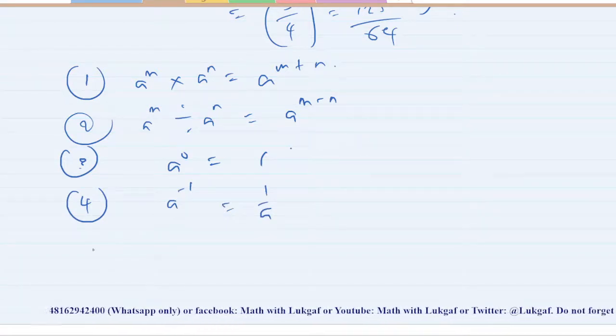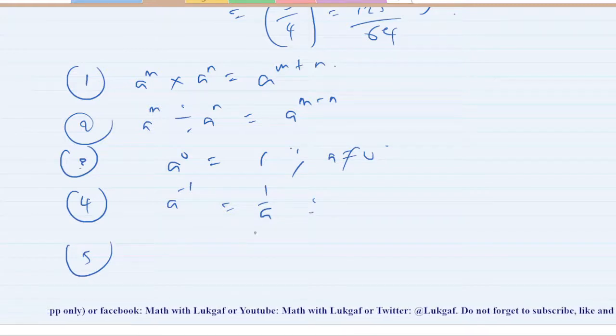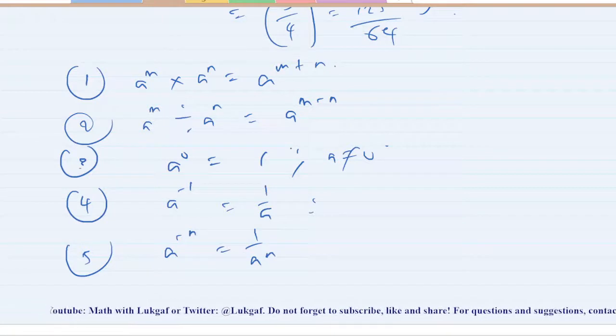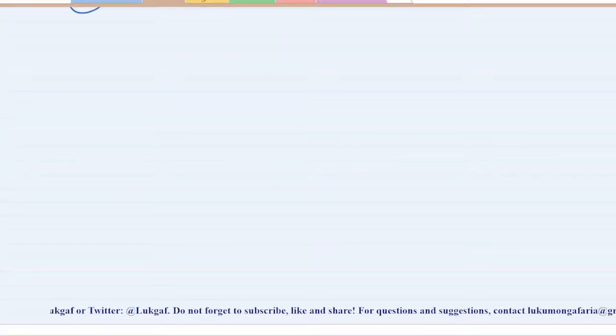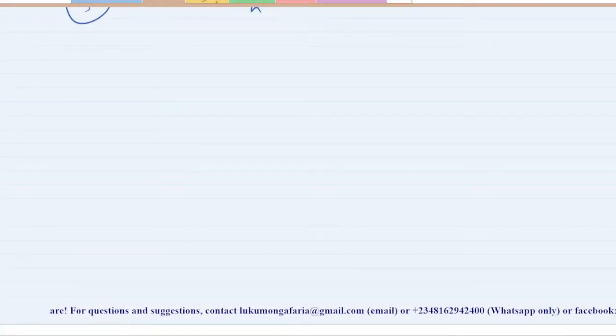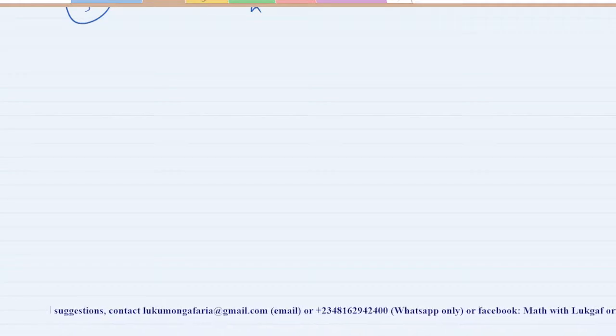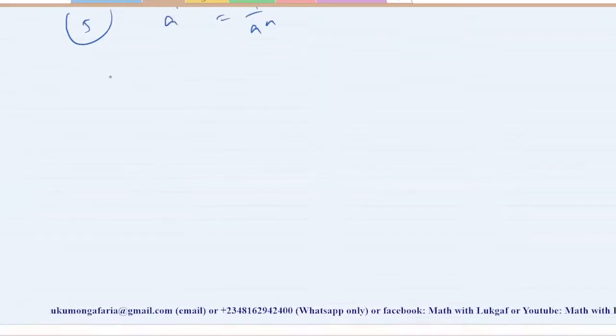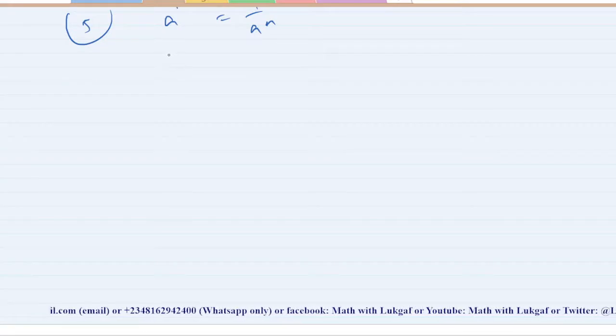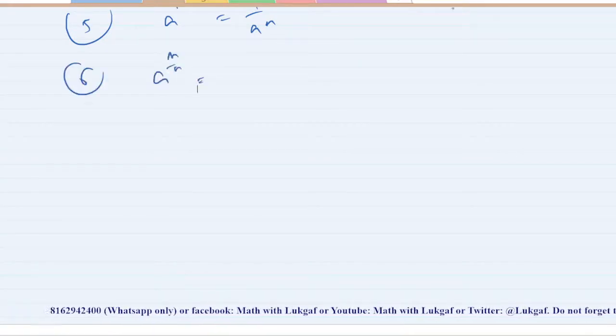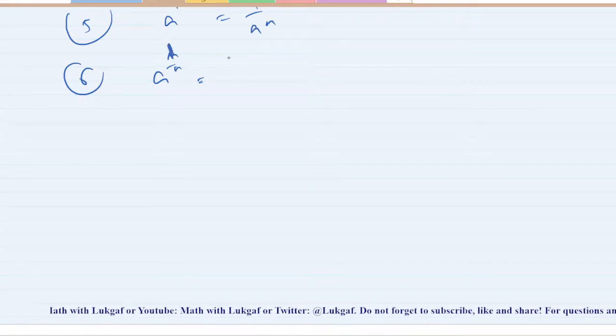And in general, a raised to minus n will give me 1 over a raised to n. So likewise, when you have your fractional index, that is a raised to 1 over n, the same thing as nth root of a.